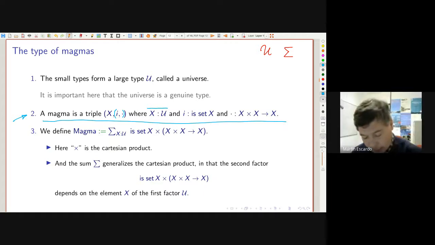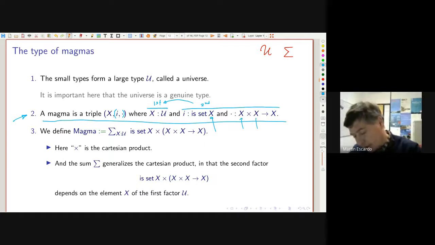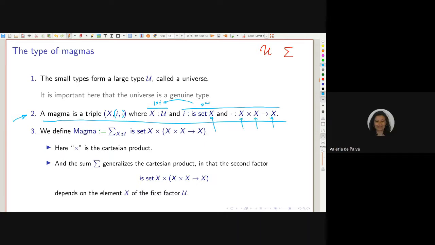This is the first component, and now the second component is this other pair. What is happening is that the second component is referring to the first component. The second component is using X again.